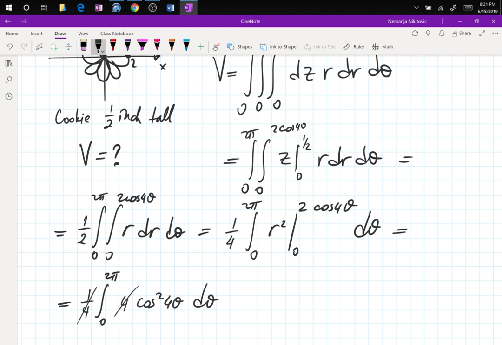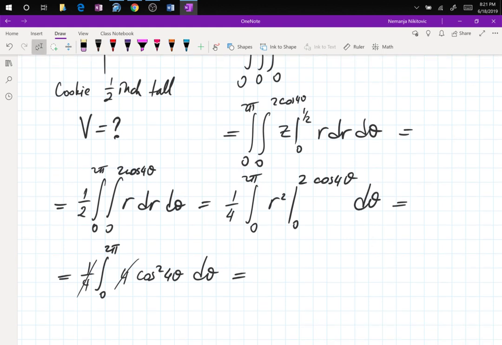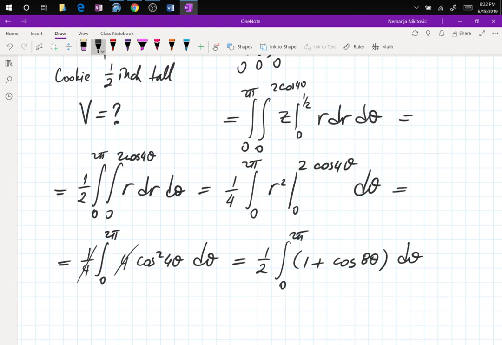The quarter will kill the 4, and I can't integrate cosine squared directly, I have to use the power reducing formula from Calc 2. So that's going to be 1/2 integral of 1 plus cosine 8 theta d theta from 0 to 2 pi.